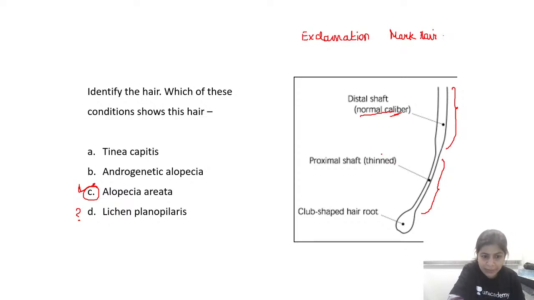That leads to dystrophic changes in the hair shaft. It causes the proximal hair shaft to become thinned out, and that gives rise to the typical appearance of an exclamation mark hair, with a normal distal end of the hair, proximal thinning, and then a club shaped root. Okay, so that is exclamation mark hair.